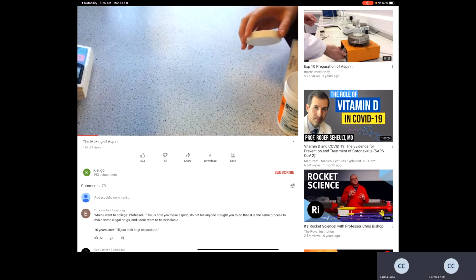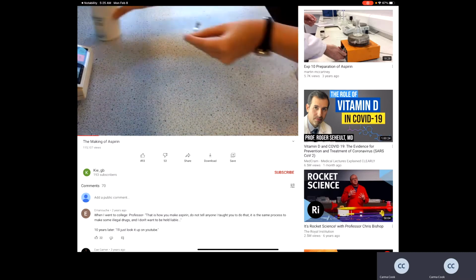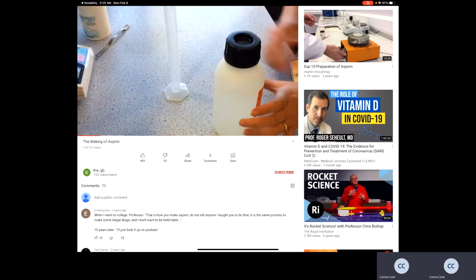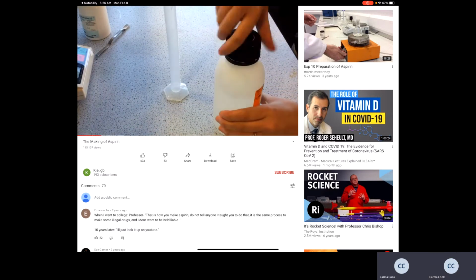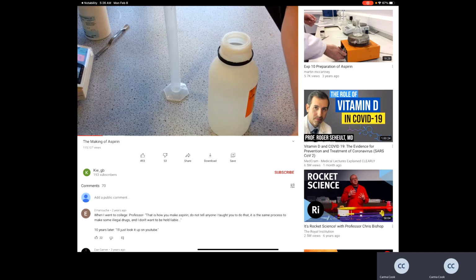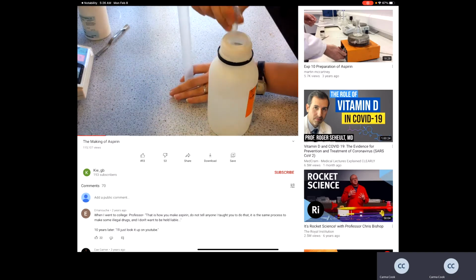And to the 3 grams of salicylic acid, you're going to add the other reactant, which is an aqueous solution. An aqueous solution is a homogeneous mixture of a solid chemical compound that's been dissolved in water.